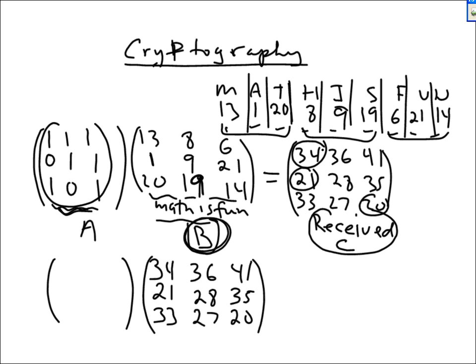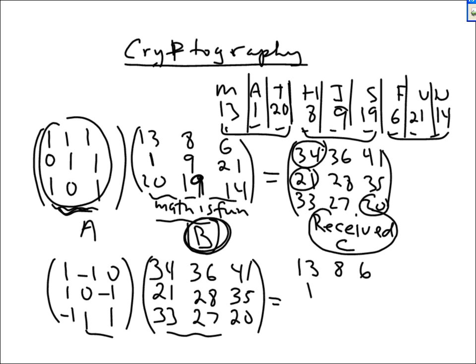I actually computed the inverse of that matrix. Some things I actually have to prepare. The inverse of that matrix is this matrix. And I was about to multiply these two matrices, but I know what I'm going to get. I'm going to get that matrix B. 13, 8, 6, 1, 9, 21, 20, 19, and 14.